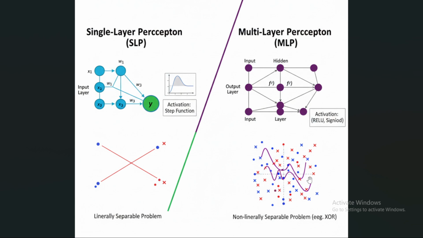How does an MLP work? Forward propagation. Forward propagation is the data flow from the input layer through the hidden layers to the output layer. The input values are fed to the input layer. Each neuron in the first hidden layer calculates the weighted sum of its inputs and its bias and passes it through its activation function.